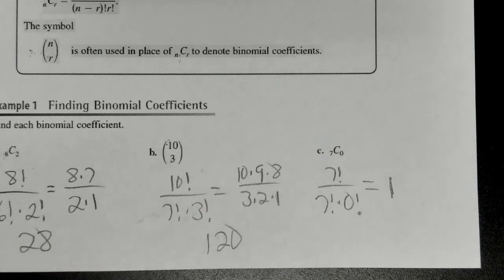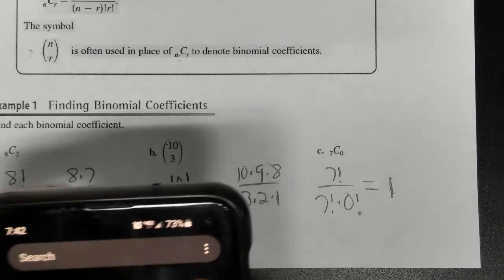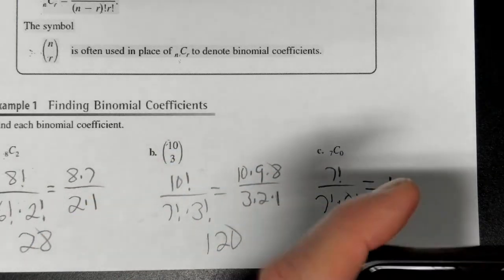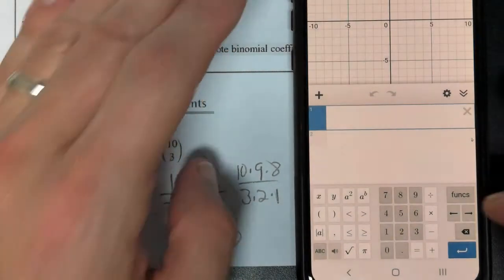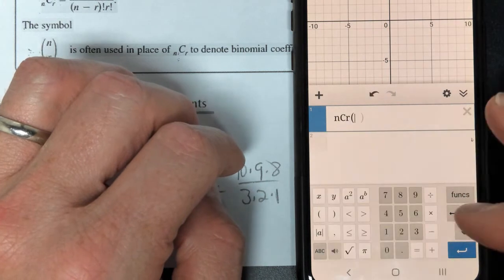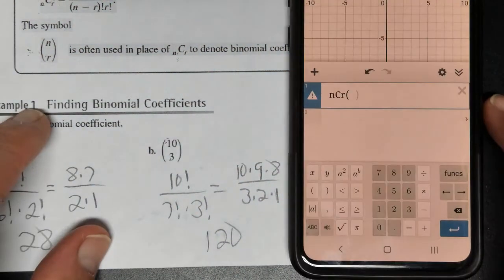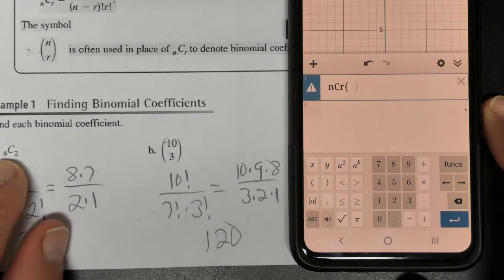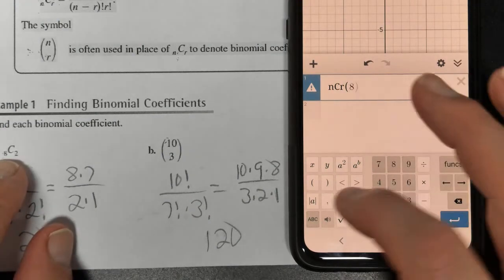Now, like I said, your calculator actually has a combination function on it. The Desmos calculator does anyway, so let's look at that. To find it, you go over to Functions, Stats, and the combination button is there under Stats. And so when you plug it in, for example, if I wanted to do this first one again, you would put the 8 first.